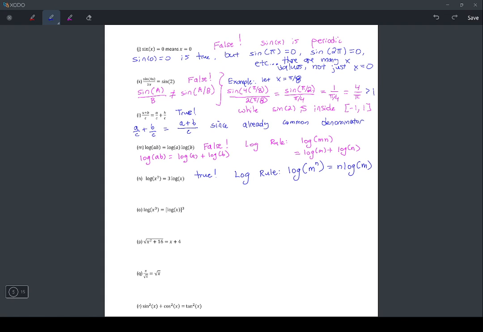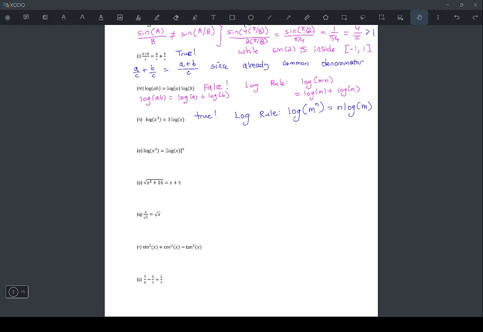So there's this big list of log properties. And we'll go through them in class. We'll go through them as part of the review. But one of them is this. And it's tempting to misuse this log property in problems that have a step that look like question O.